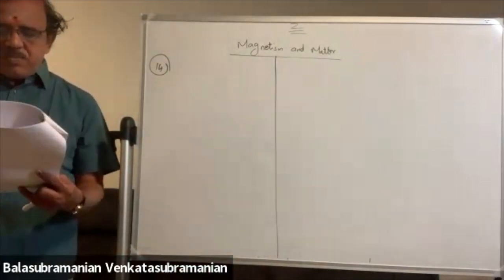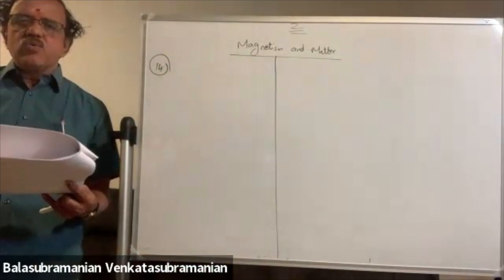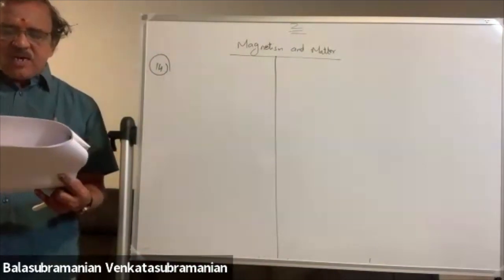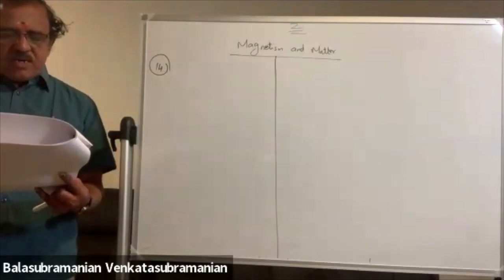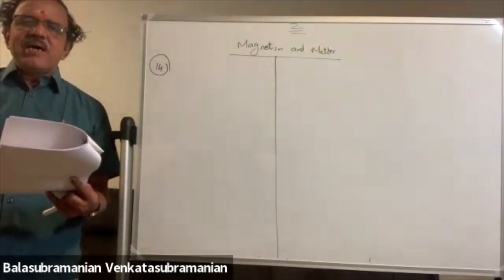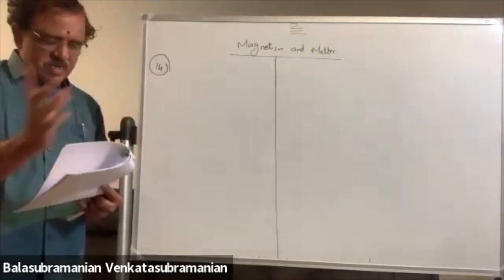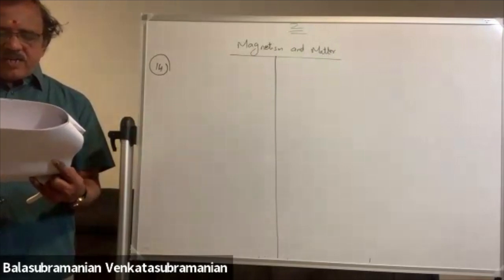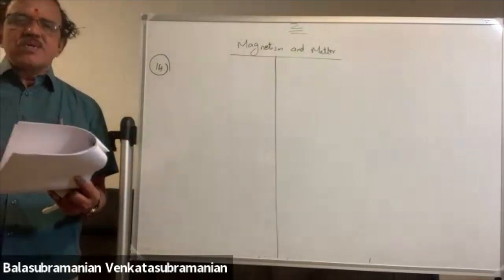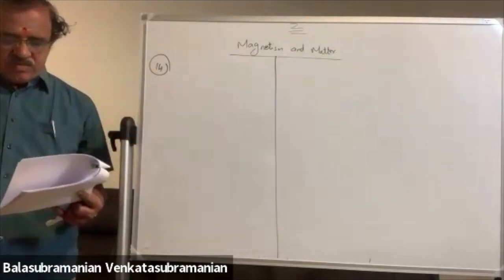Two short bar magnets have magnetic moments 1.2 ampere meter square and 1 ampere meter square. They are kept on a horizontal table parallel to each other. Here one magnet, here one magnet. With the north pole of one pointing towards south of the other magnet.